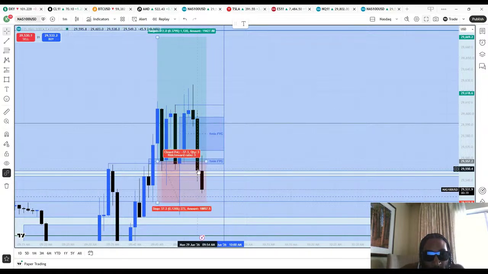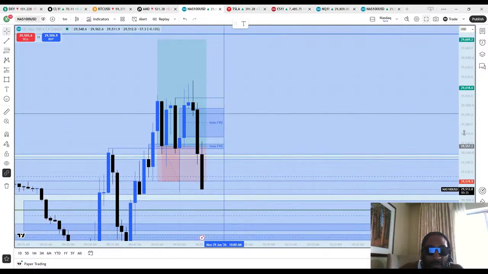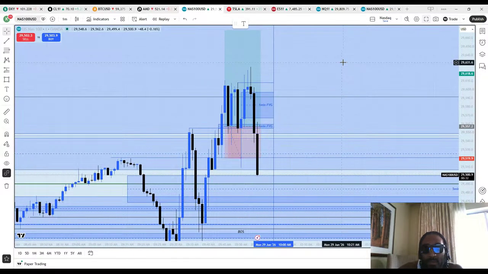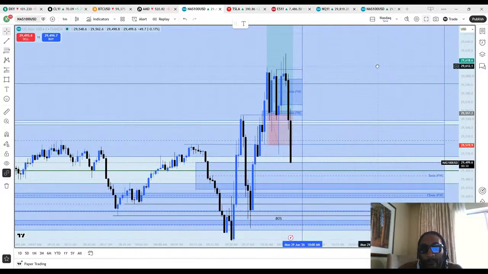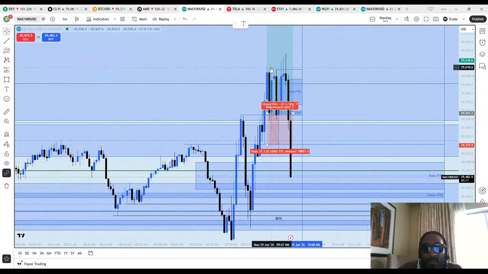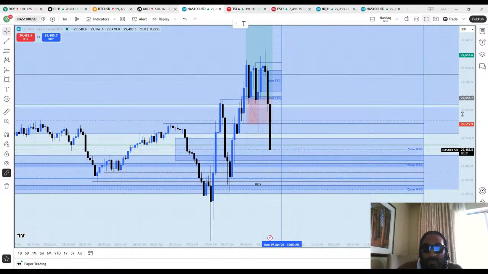We got the body closure under this gap now. So it lost its respect. Took out the buy side liquidity. Price is doing its own thing today, bro.